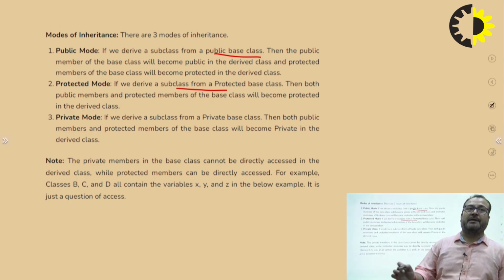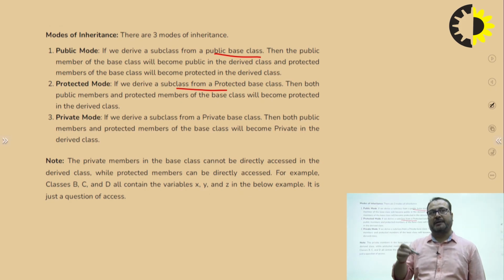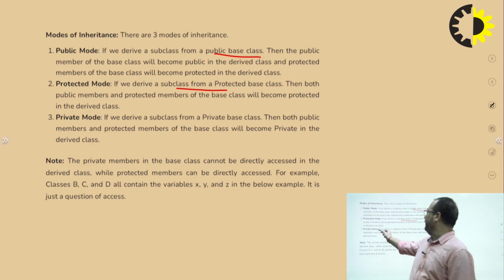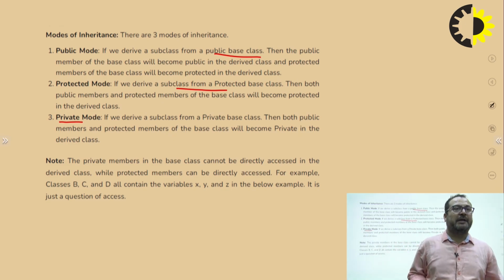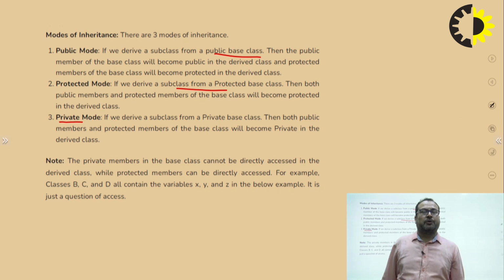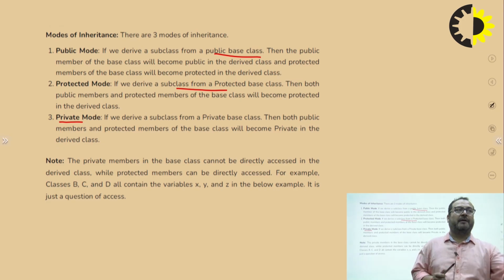So 0 multiplied with public becomes private, and 0 multiplied with protected becomes 0, meaning private, because you are assuming private as 0. When you multiply 1 with any number, it stays the same number, so public, private and protected remain as they are when inherited publicly.